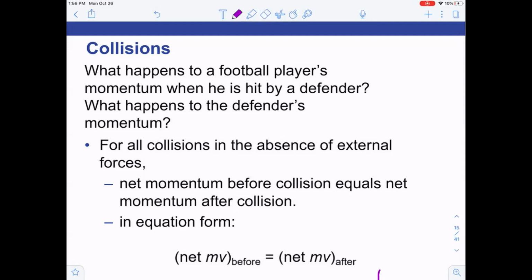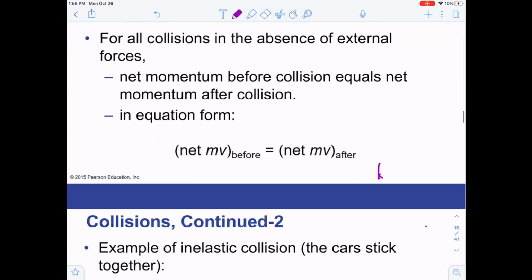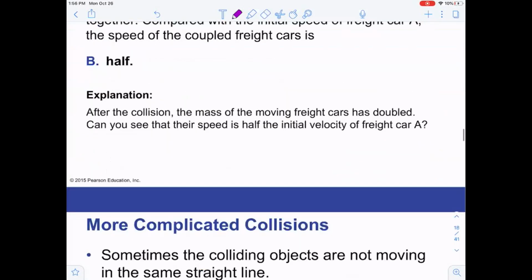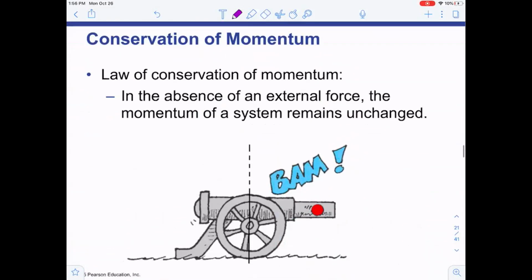Does that make sense? So we can go down here to the law of conservation of momentum. In the absence of an external force, the momentum of a system remains unchanged. Okay?